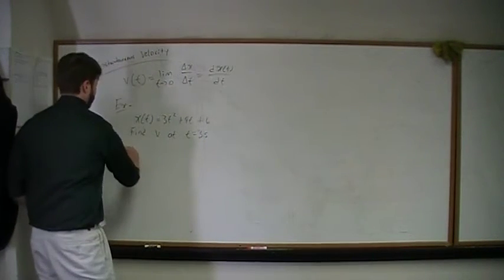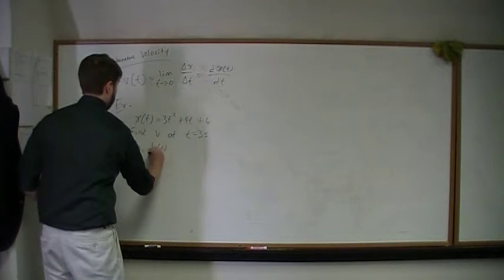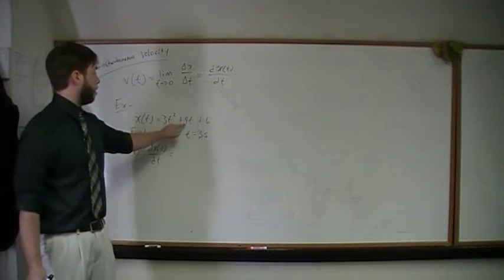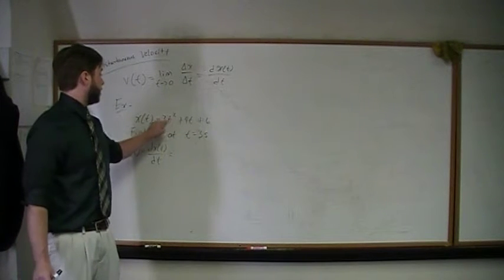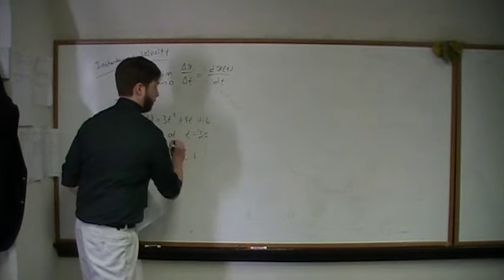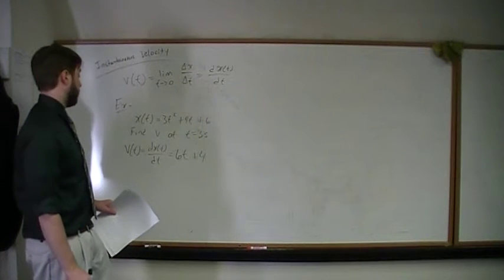The velocity as a function of time is going to be equal to the derivative of the position with respect to time. So go through, find all your t's, take the derivative. 3t squared is going to go to 6t, plus 4t goes to 4, and then 6 is a constant, so that goes to 0.